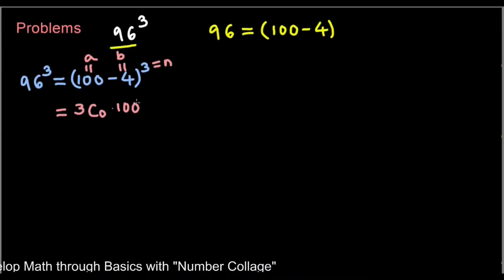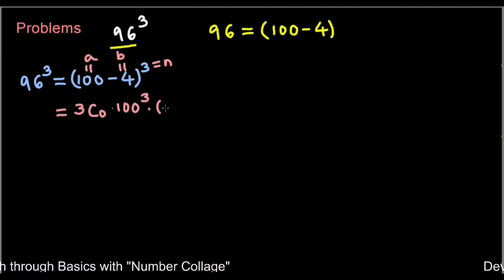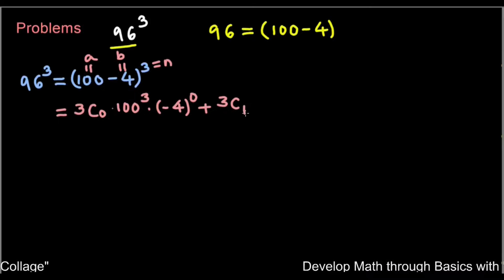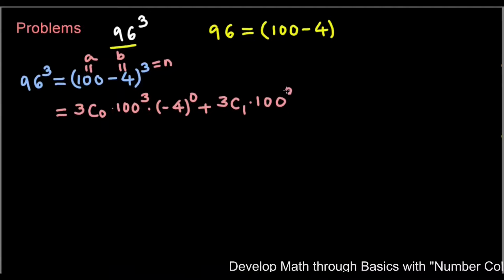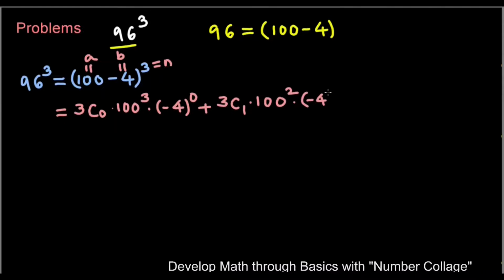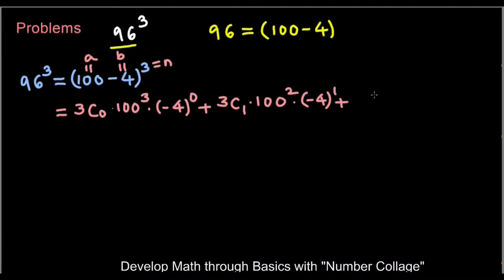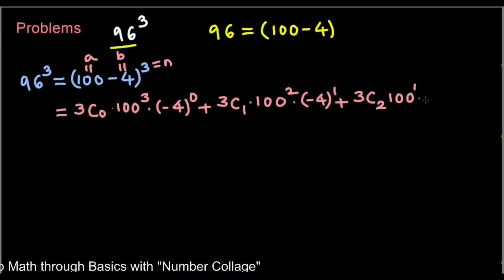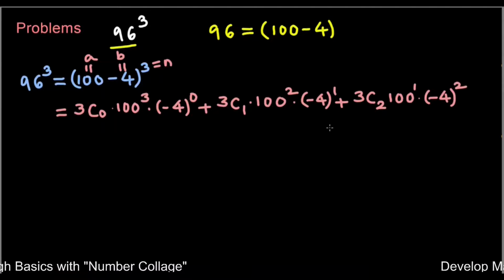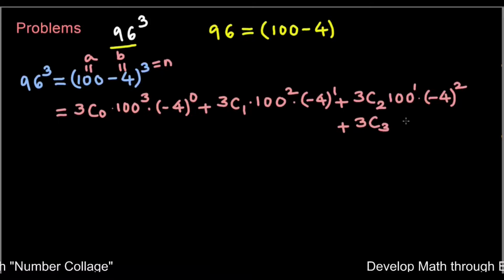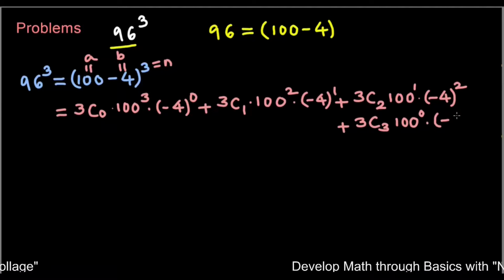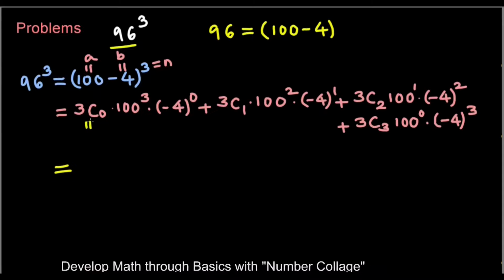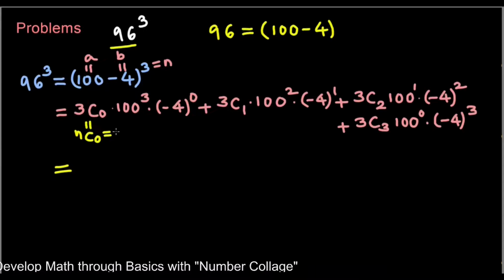So this binomial expansion will be 3C0 100 cube into (minus 4) raised to 0, plus 3C1 100 square into (minus 4) raised to 1, plus 3C2 100 raised to 1 into (minus 4) square, plus 3C3 100 raised to 0 into (minus 4) cube. We know 3C0 is similar to nC0, which we know is 1.